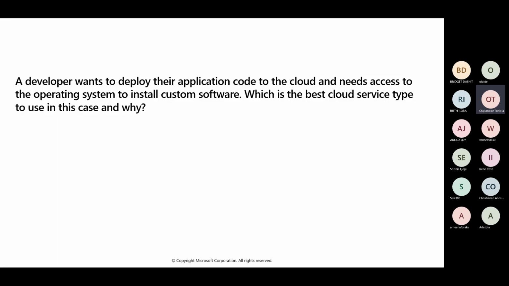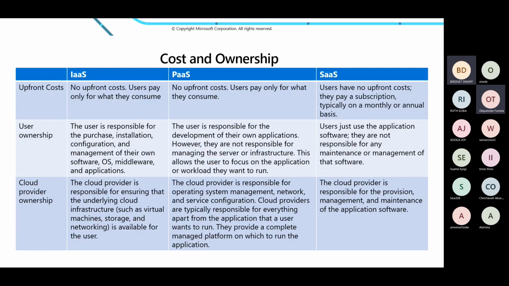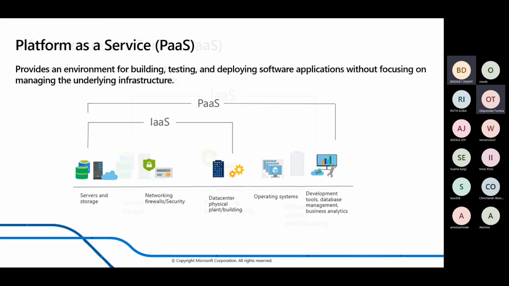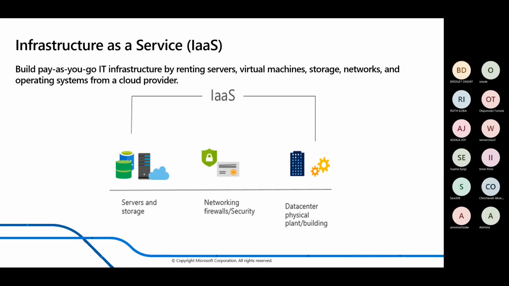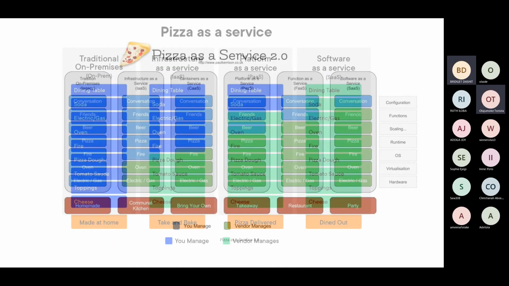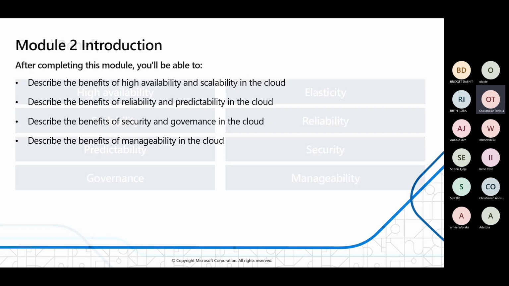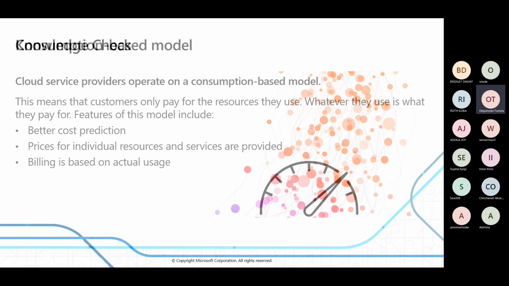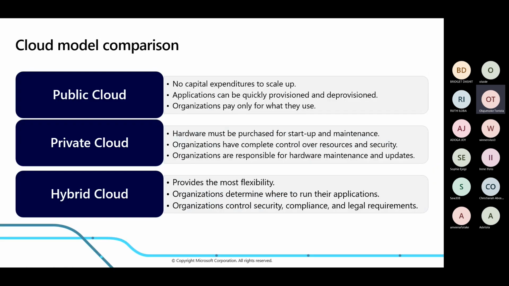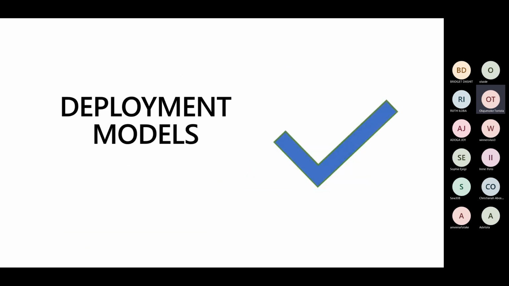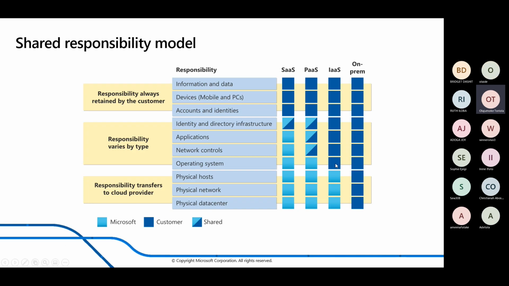So if we go back to our service model, which we talked about earlier, if you look at the shared responsibility matrix, as a shared responsibility, if you look at the operating system, it's only IaaS that allows you as the customer to manage your operating system.